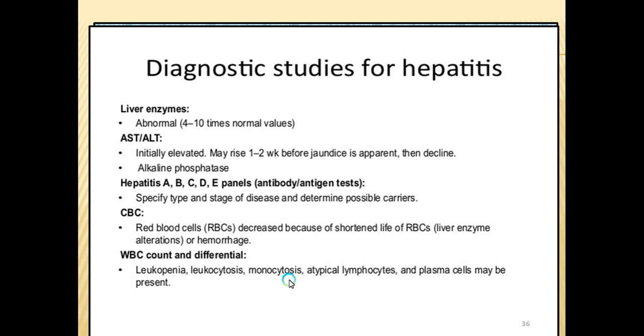Amenorrhea means the periods have not started.